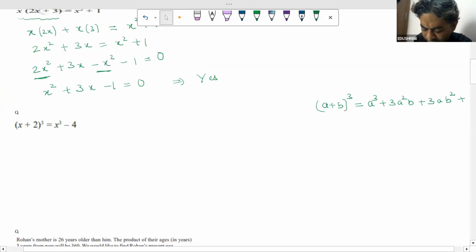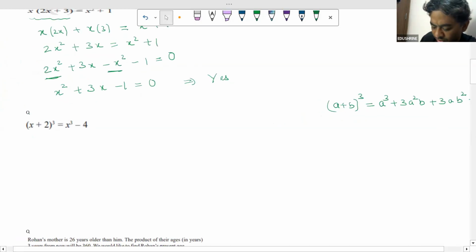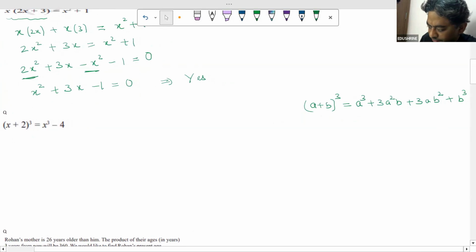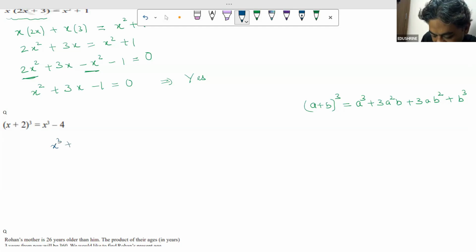So now let us find out what would be x plus 2 whole cube using this same identity. It will be x cube plus 3 into x square into 2 plus 3 into x into 2 square plus 2 cube.